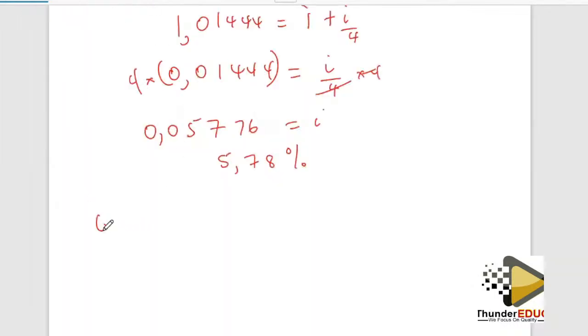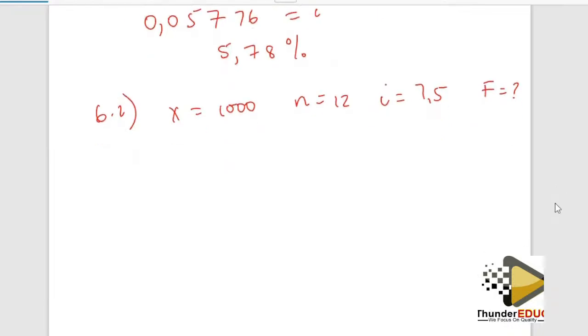Okay, so this is 6.2. We said we have our X as 1,000, our N as 12, our I as 7.5%, compounded monthly. What else do we need? F, future value.